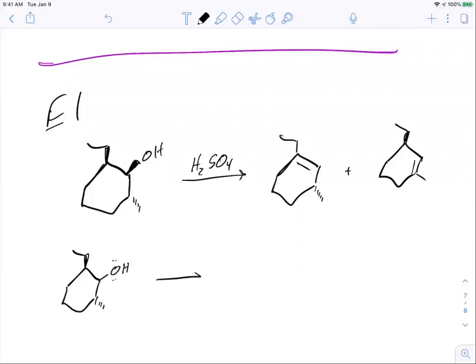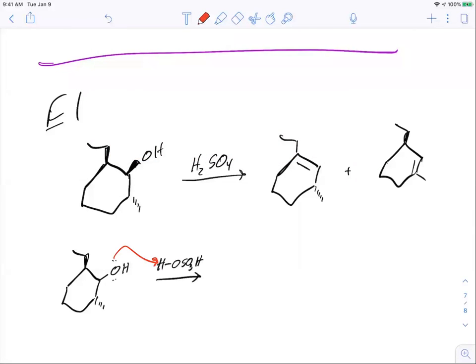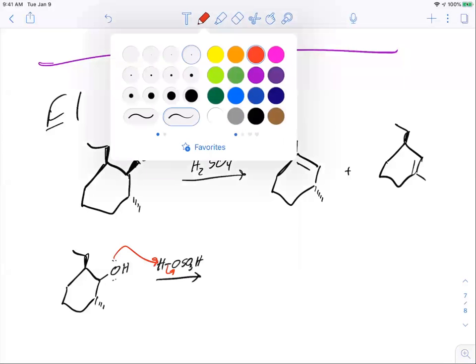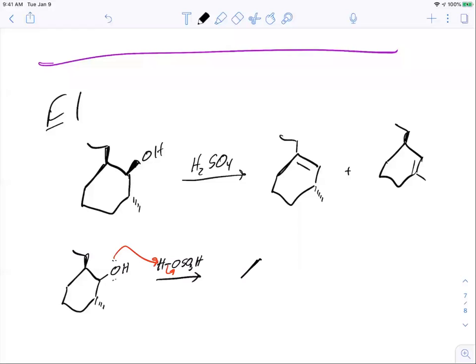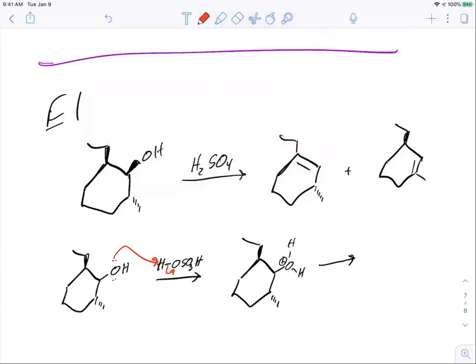The alcohol is not a good leaving group. So the first step is going to be forming a good leaving group. And then we protonate with the strong acid, the sulfuric acid.